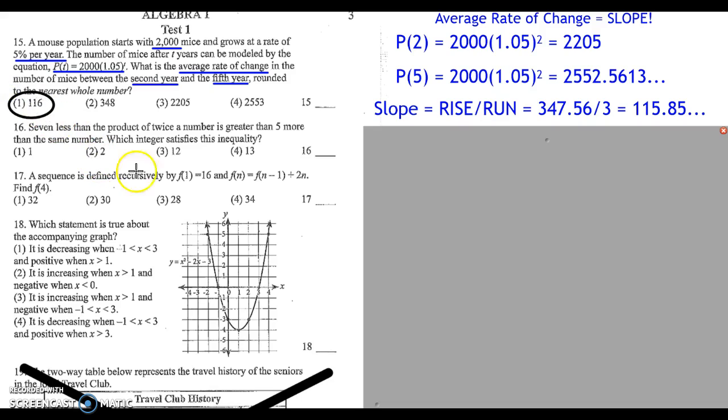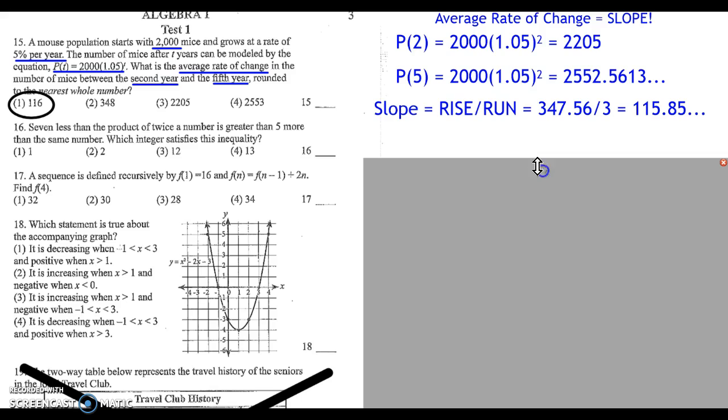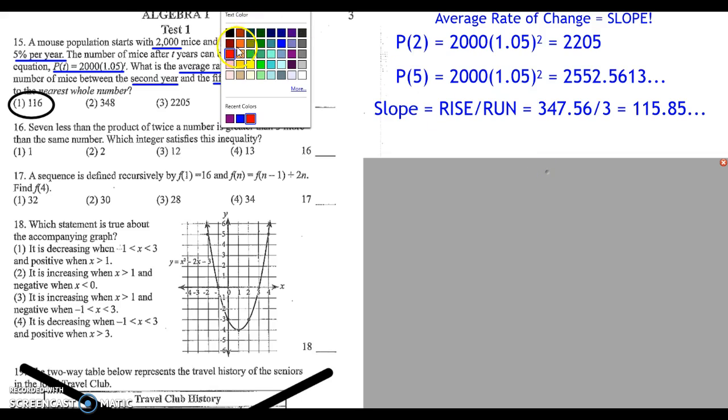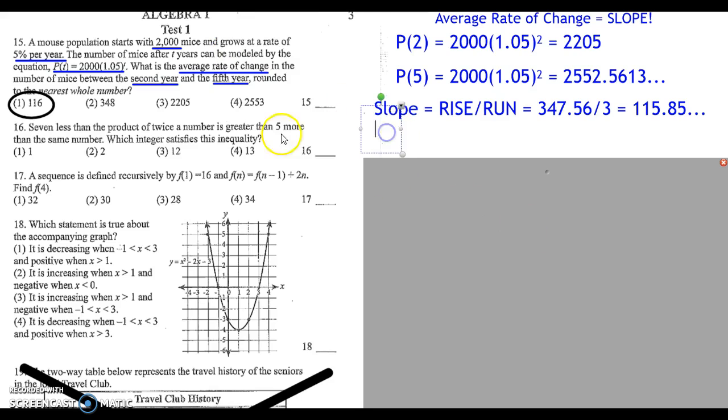That's our final answer. 7 less than the product of twice a number is greater than 5 more than the same number. So what we're going to do is write an inequality for that. So 7 less than, that part means whatever it is minus 7. The product, that means multiply.